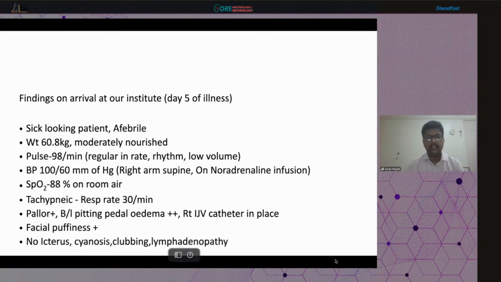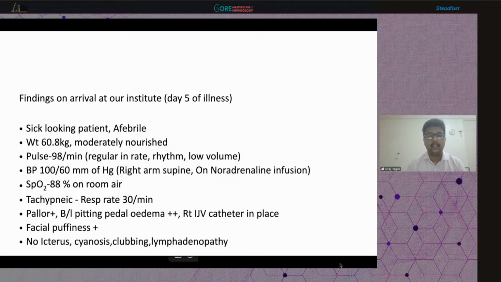So the findings on arrival at our institute at day 5 of illness: patient was afebrile, but she was sick looking. She had a weight of 60.8 kg, moderately nourished, pulse rate of 98 beats per minute, regular in rate and rhythm, low volume, blood pressure 100 by 60 mmHg, right arm supine position, on noradrenaline infusion, saturation of 88% on room air.